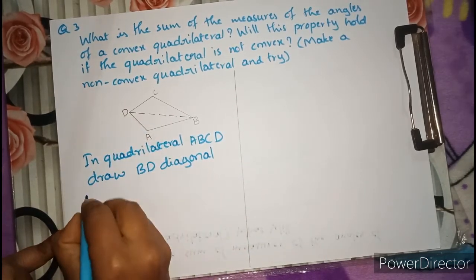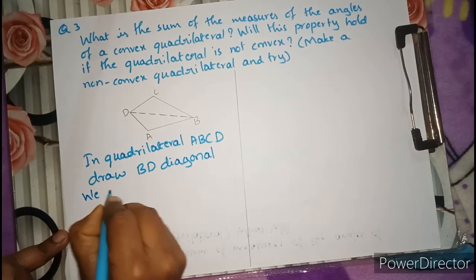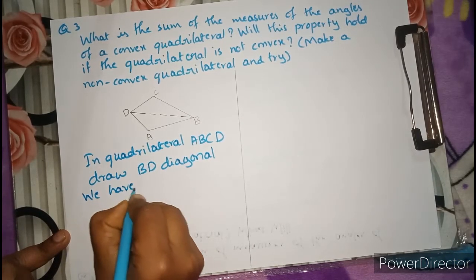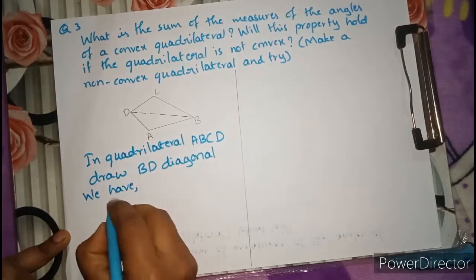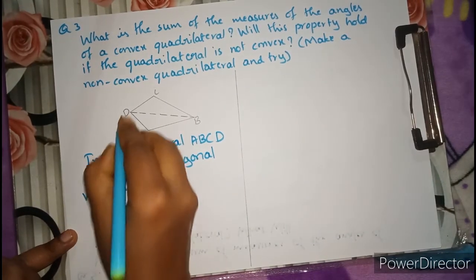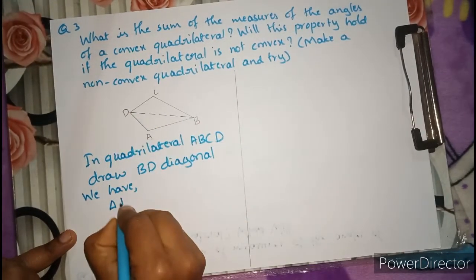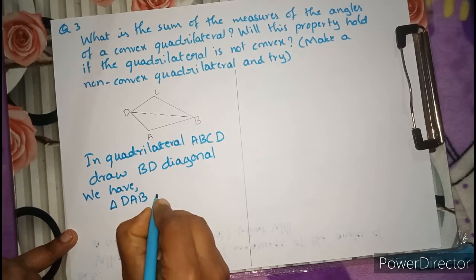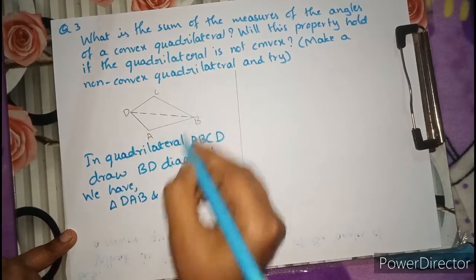So we have two triangles: triangle DAB and triangle DCB.